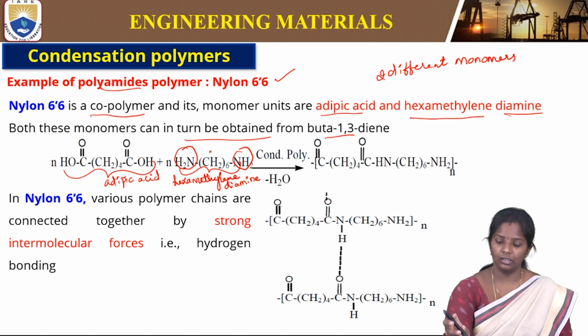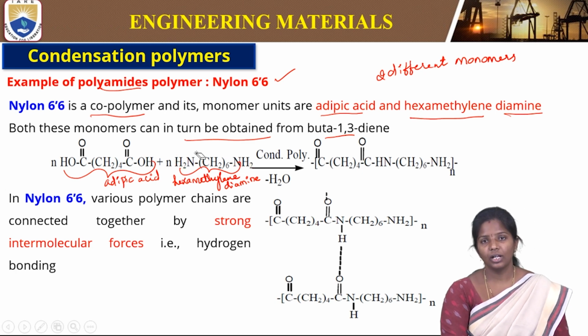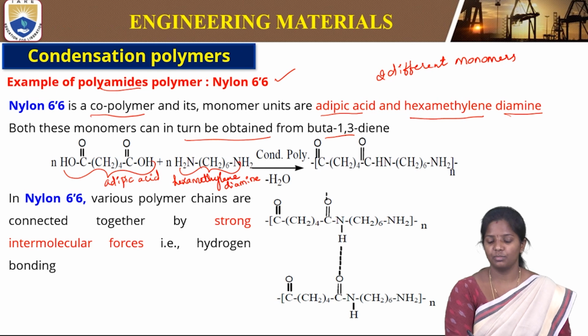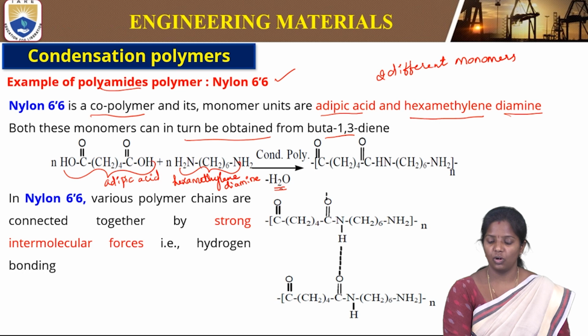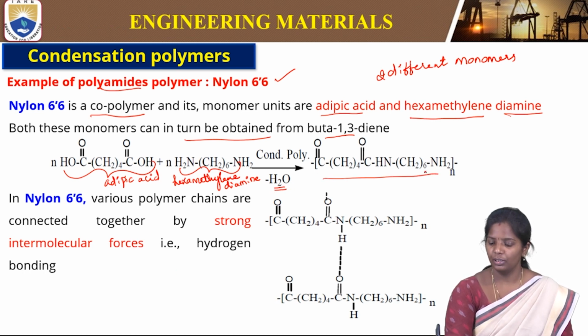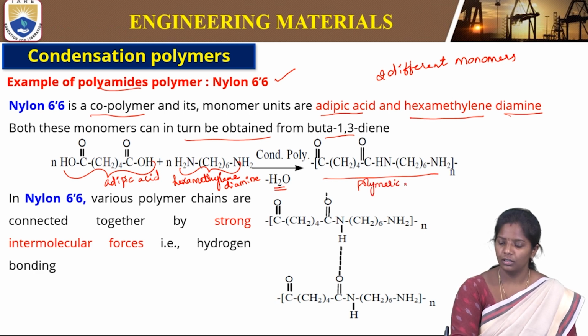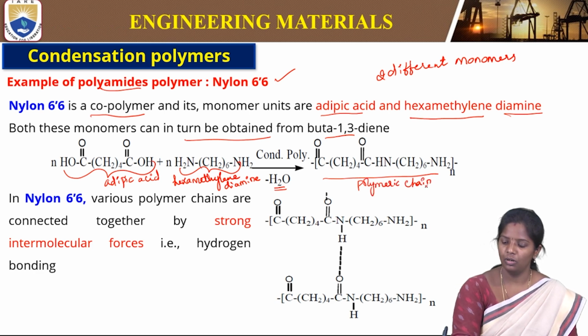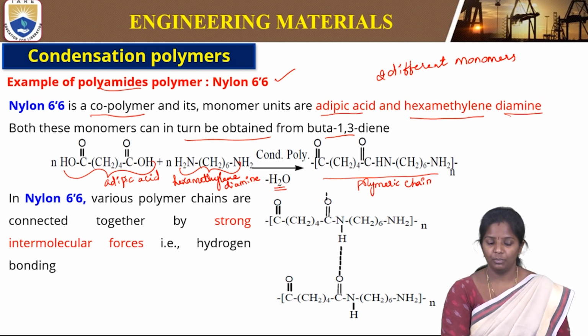That is how we take the monomers during the polymerization reaction. When the condensation takes place, a byproduct forms, that is water, by removal of water. Then it forms a polymeric chain. This is how the monomers keep on condensing together, forming a polymeric chain.